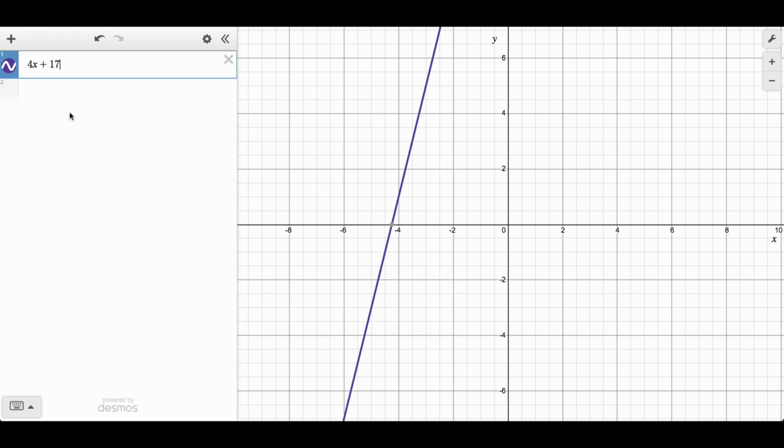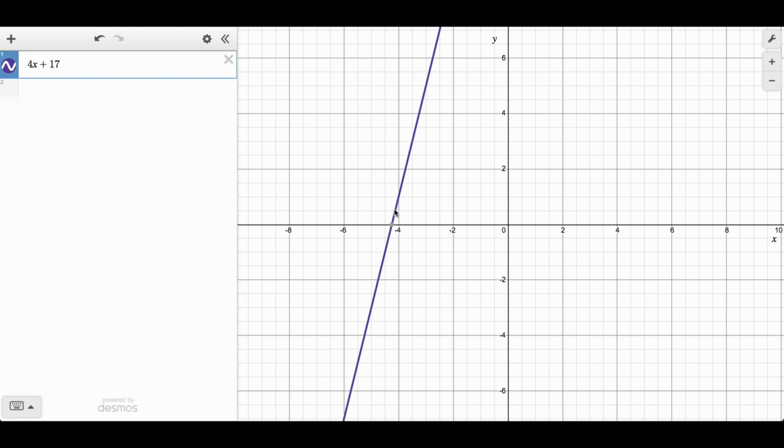So we have this line right here. And when we write the coordinates that are on this line, whatever x is, y will always equal whatever you get when you plug in that x coordinate for x.